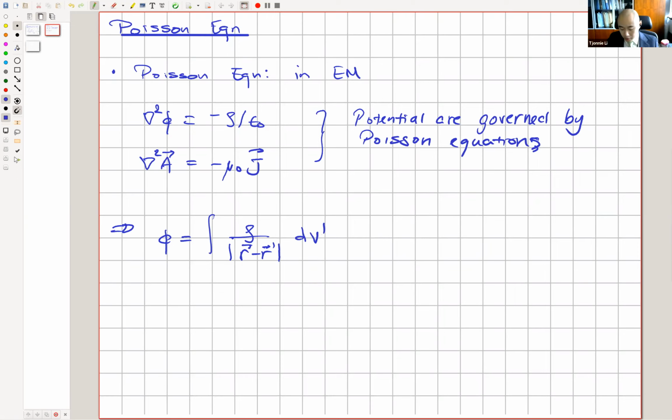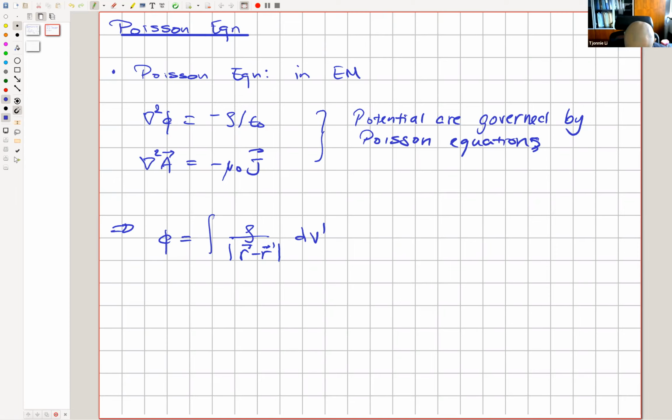Okay, so what we're going to do is integrate the rho over some volume, and in this case remember that the prime is the coordinate system for inside my source, and r is where I'm interested in.